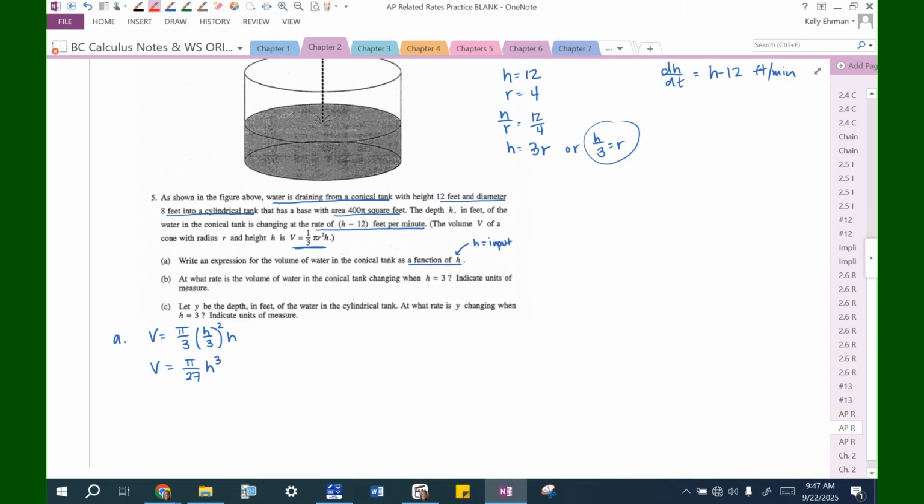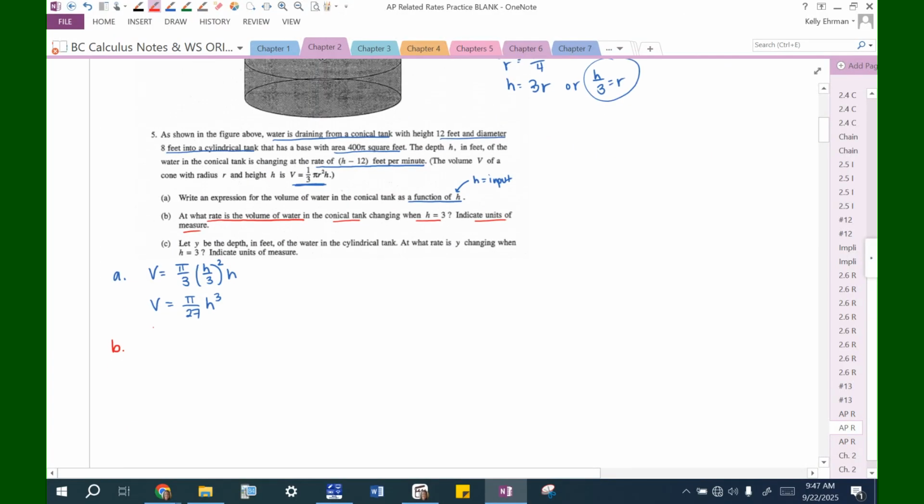Now part B, come down here with this. At what rate is the volume of the water in the conical tank changing when h equals 3? Indicate units of measure. So this is our know, find, use, right? So we know, I'm going to rewrite some of the stuff that we know. dh/dt is equal to h minus 12.